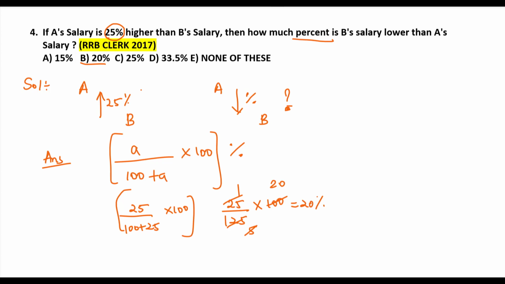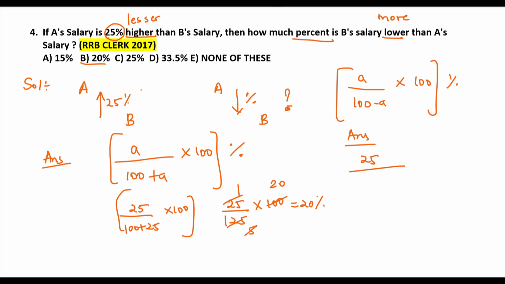Suppose the question is changed and asked in this way, instead of asking higher, they say lesser, and how much percent is B's salary lower, they'll ask more. Then the formula will be A by 100 minus A into 100%. So the required answer is 25 by 100 minus 25 into 100.